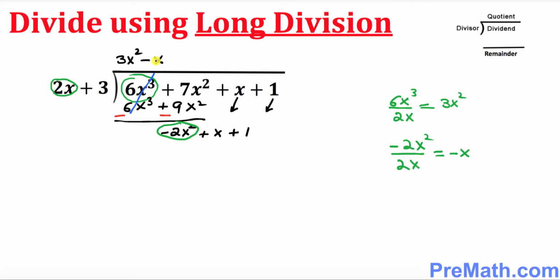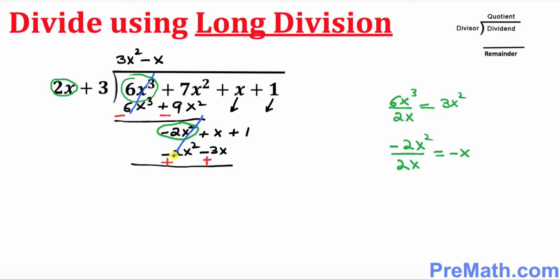Now go ahead and multiply this negative x with both of these terms outside, which is your divisor. When you multiply, that's going to give you negative 2x squared minus 3x. Once again, I want you to switch the signs. So this negative becomes positive and this negative becomes positive.